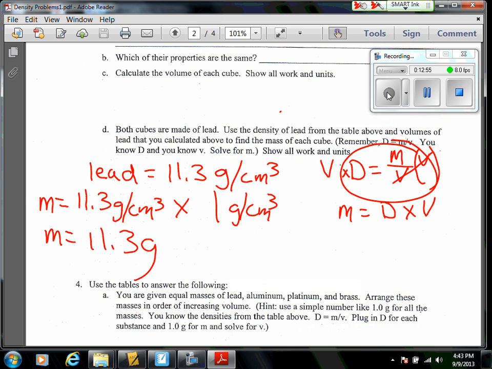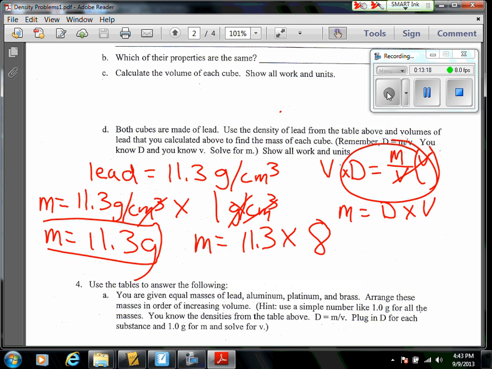That's the mass of the first cube. Now the second cube is 11.3 times, the volume was 8. Oh, I put grams there, I should have put cubic centimeters, and then these would have canceled. The volume was 8 cubic centimeters.